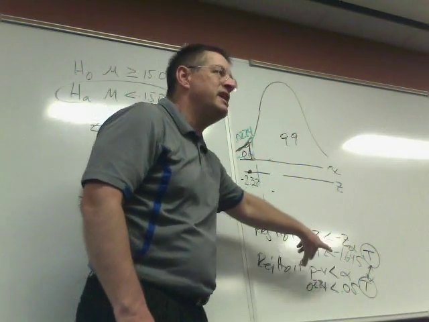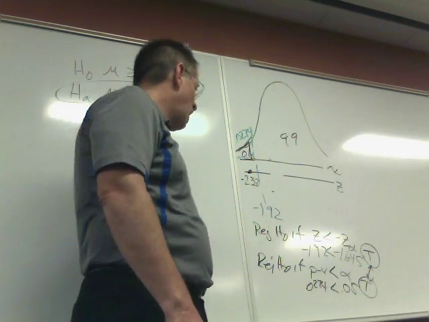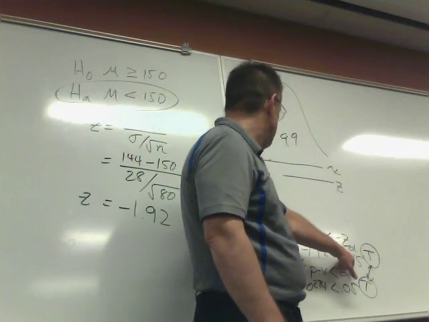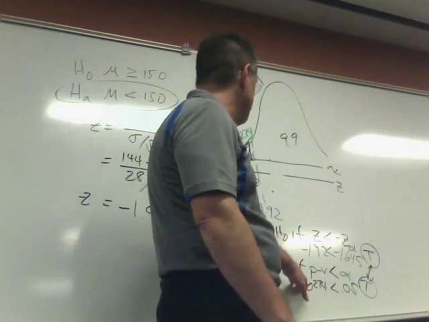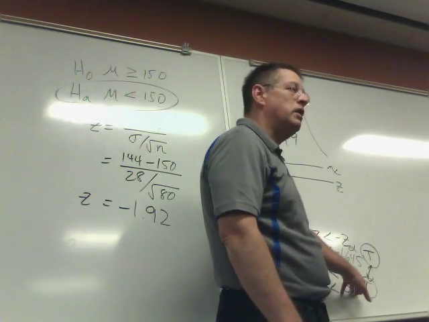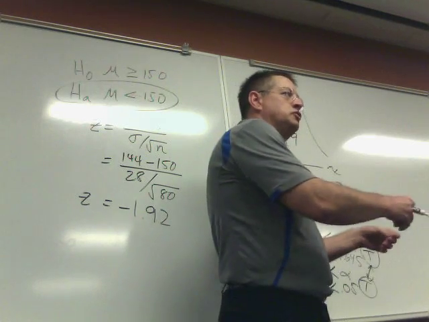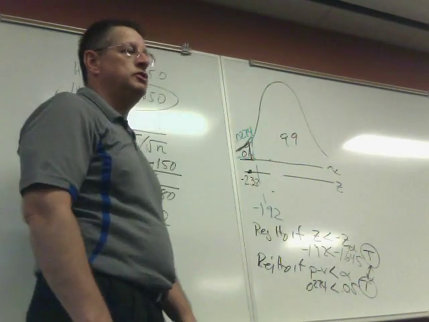But when we run this test again, we're going to accept H0 because negative 1.92 is not less than negative 2.33, and the area of 0.0274 is not less than 0.01. Those are false. We reject H0 if they're true. They're not true. They're false, so we accept H0, and we make a different decision.